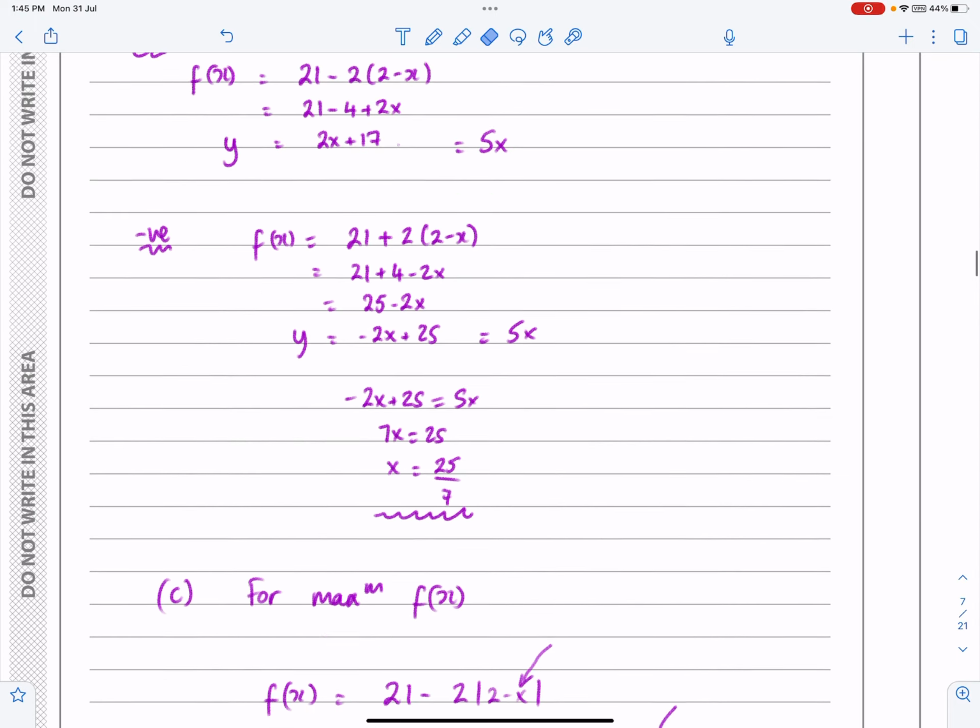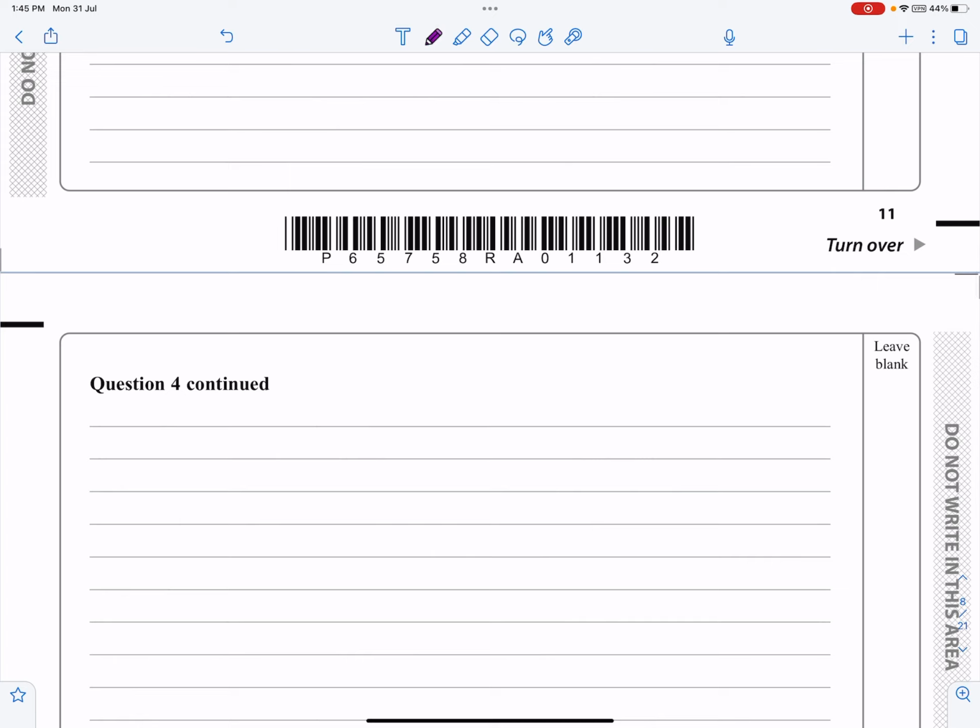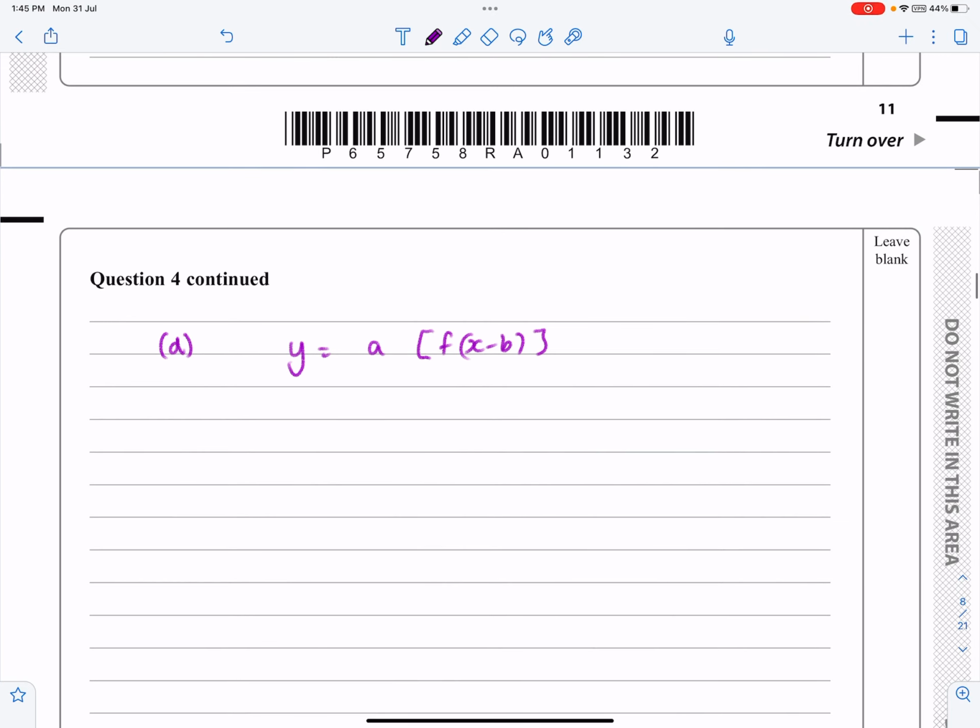So, part D, what it says is we've got this new graph, y equals a lots of f(x minus b), and that as a result of that, we know that (2, 21) will be transformed to the point (6, 3).